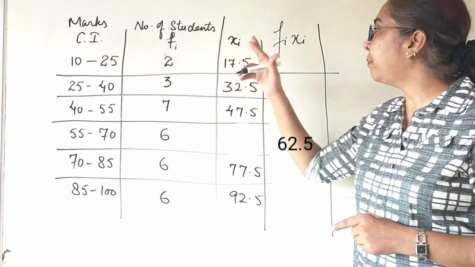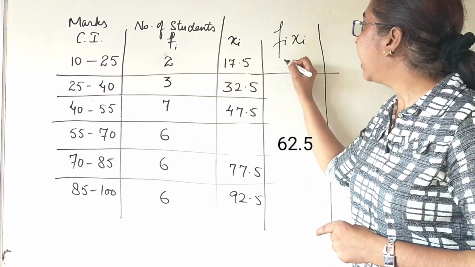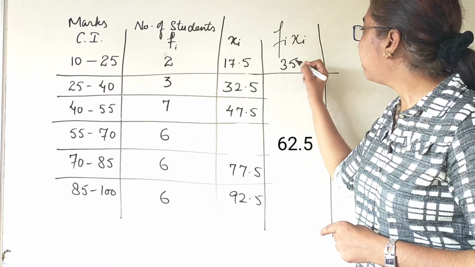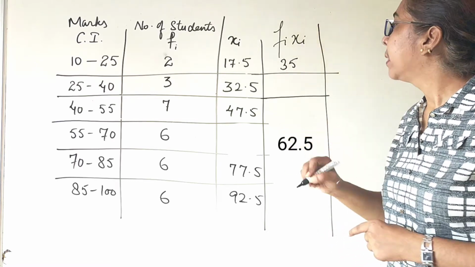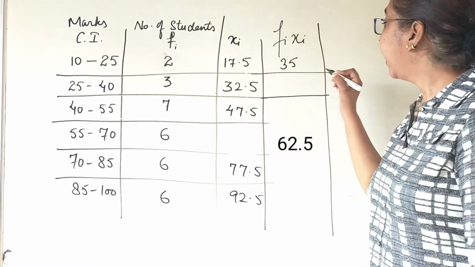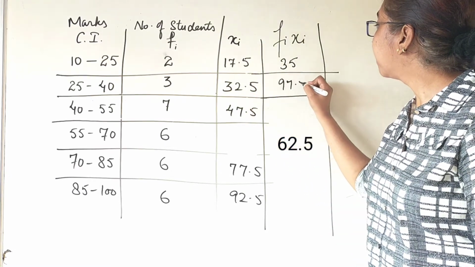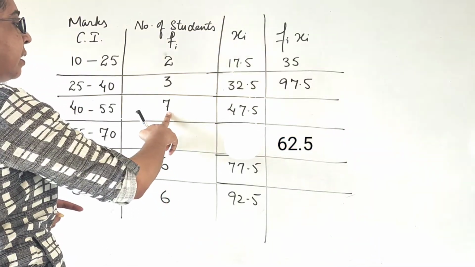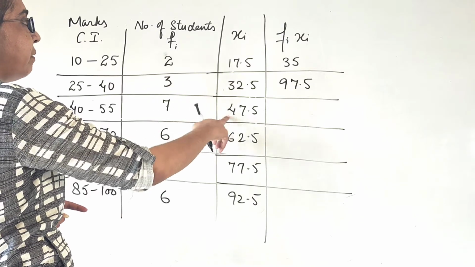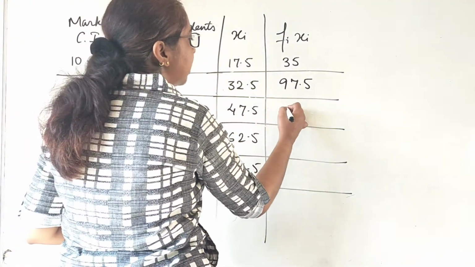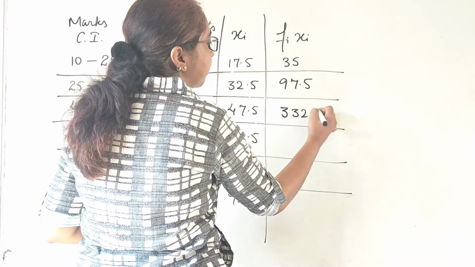So 17.5 into 2 is 35. Then 3 into 32.5 is 97.5. Then 7 into 47.5 is 332.5.